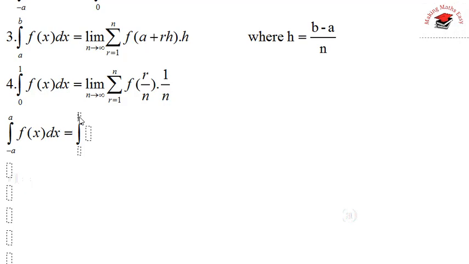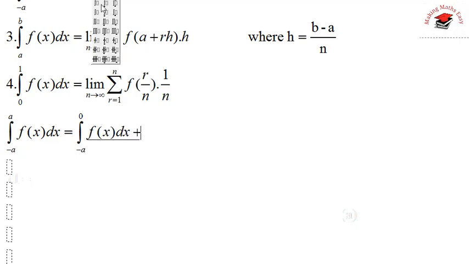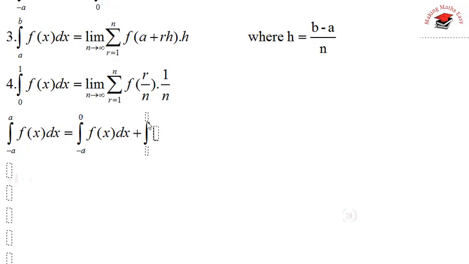So this will be integration of a to minus a f of x dx equal to integration of 0 to minus a f of x dx, and plus again the definite integral of a to 0 f of x dx.